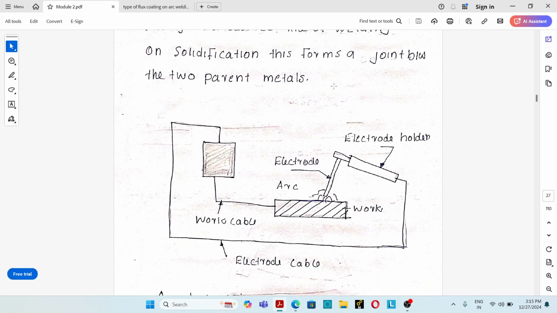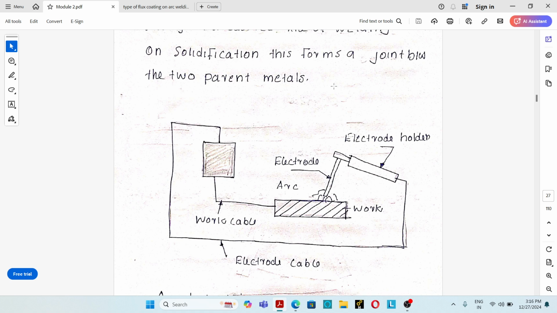In the arc welding process, the power source is an AC or DC power source. Two types of polarity will be used: straight polarity and reverse polarity. Straight polarity is also known as direct current electrode negative, and reverse polarity is also known as direct current electrode positive.